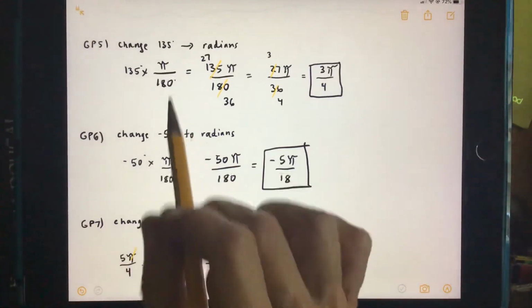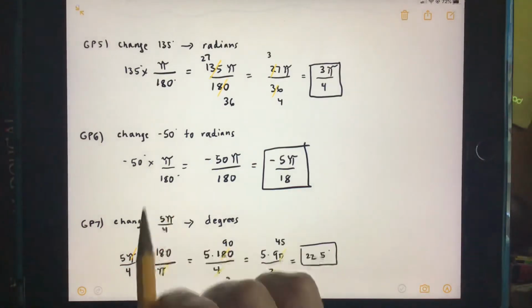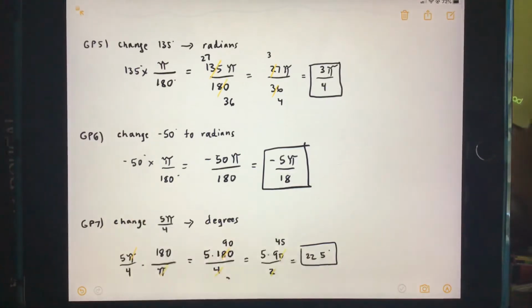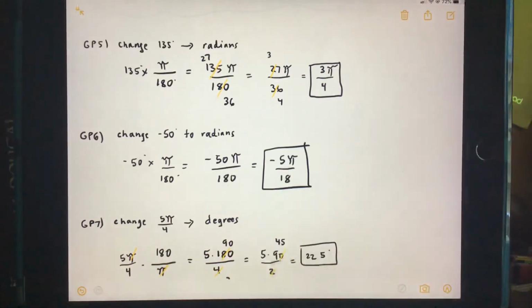So we are using the same ratio as in guided practice 5 and 6. To go from degrees to radians, you multiply by pi over 180. And we want the degrees to cancel out, so that's why we're putting 180 in the denominator. Then we set about simplifying, dividing by 10 over 10 gives you negative 5 pi over 18. That's as far as you can reduce that fraction, so you're done. That's the radian measure for negative 50 degrees.